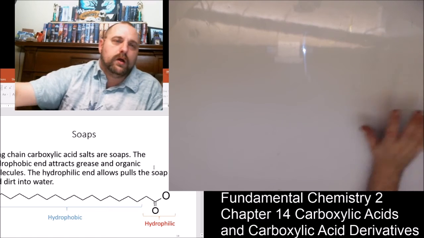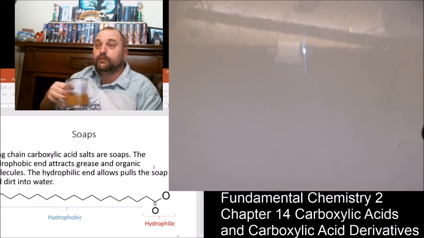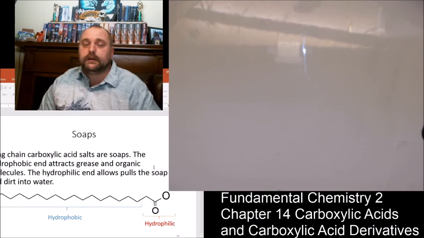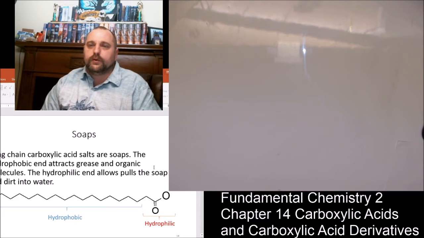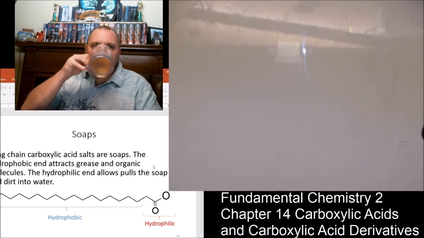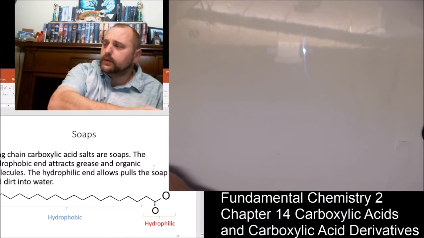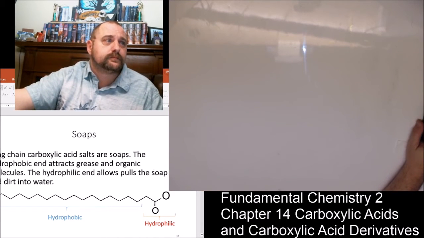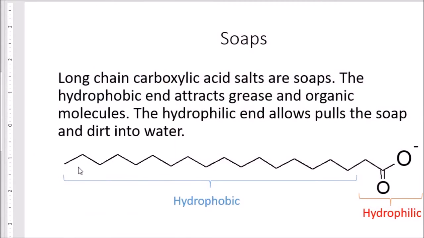All right, so we're ready then with these deprotonated acids. What are they used for? Well, one of the main uses is soaps. So this long carboxylic acid chain is hydrophobic.